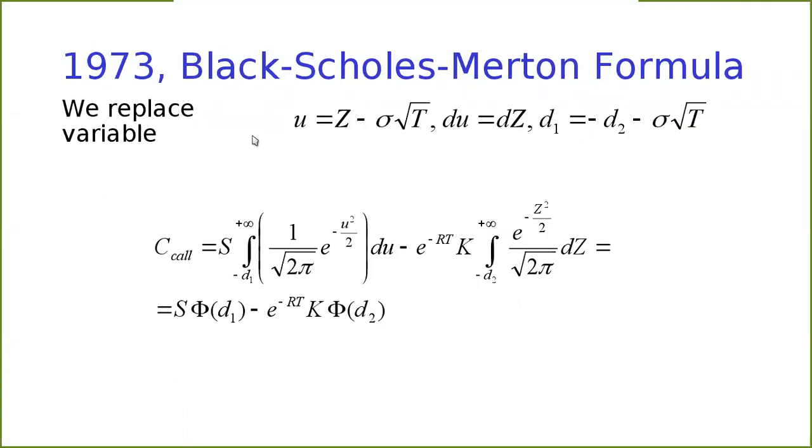After that, we replace with a new variable u, which looks like this. du equals dz, it's clear, and d1 equals minus d2, or maybe d1 minus sigma square root of t. Why this replacement?